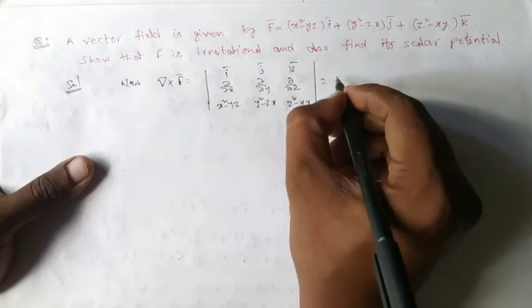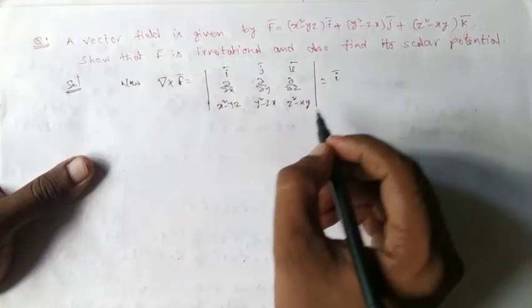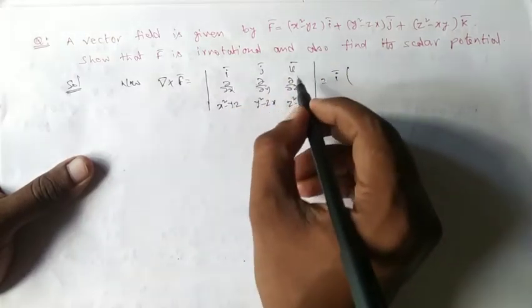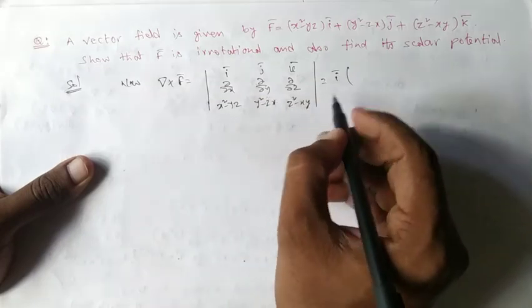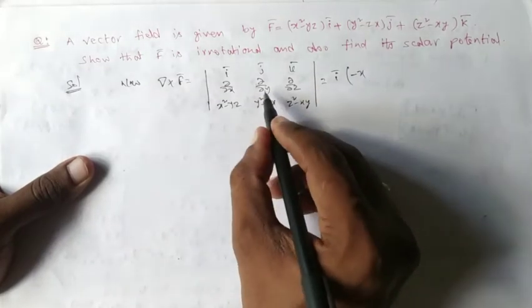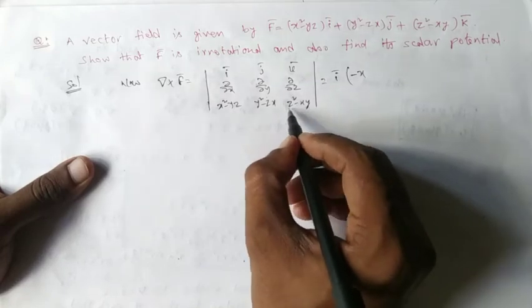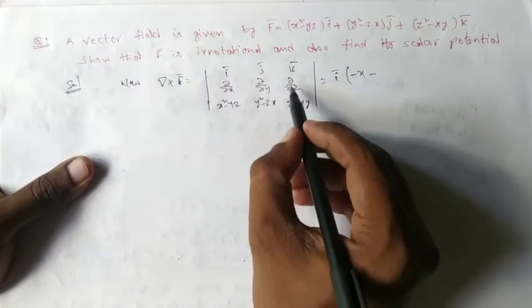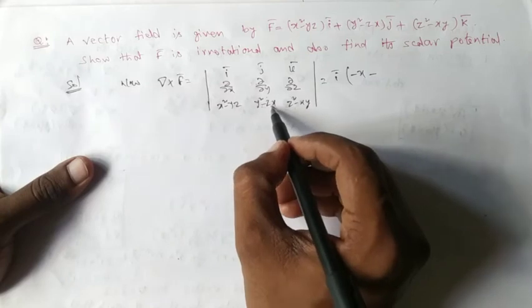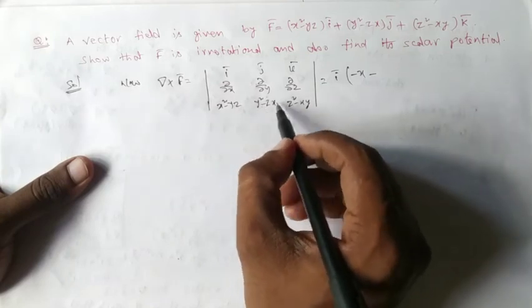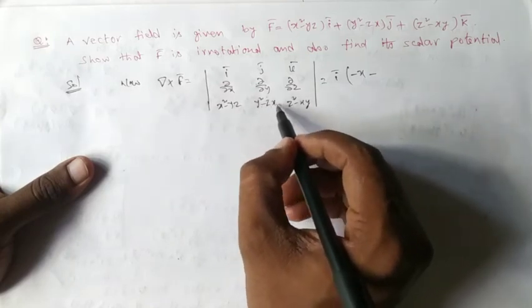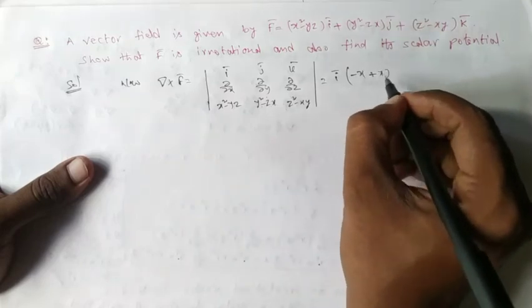If you simplify that, you have ī times ∂/∂y of z² minus xy, that is minus x, minus ∂/∂z of y² minus zx, differentiating with respect to z, so it is minus x. So minus of minus x plus x.